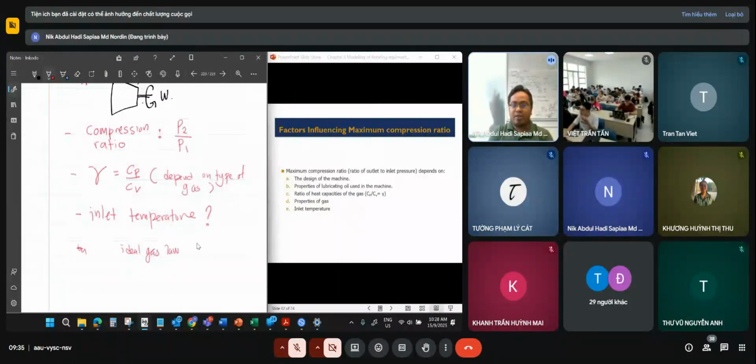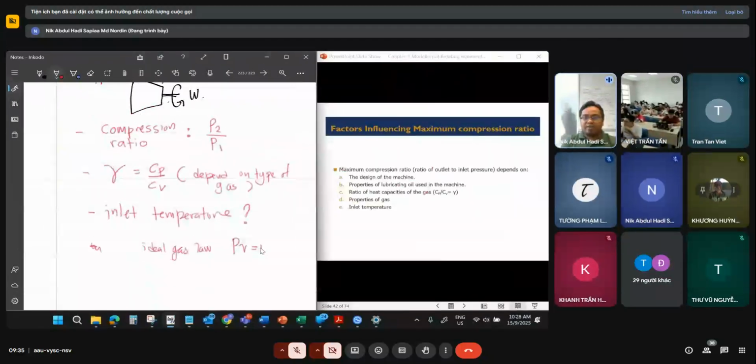Ideal gas law, we have PV equal to nRT. What we can address from this is the correlation between pressure and temperature, which means if we are going to increase the pressure of our gas by compressor, the temperature of our gas would also increase.